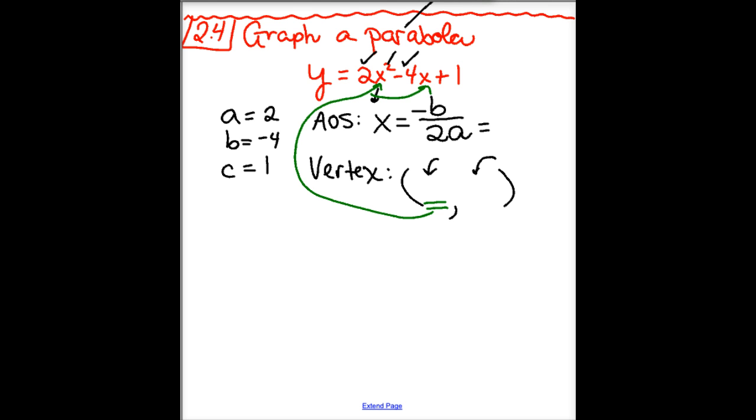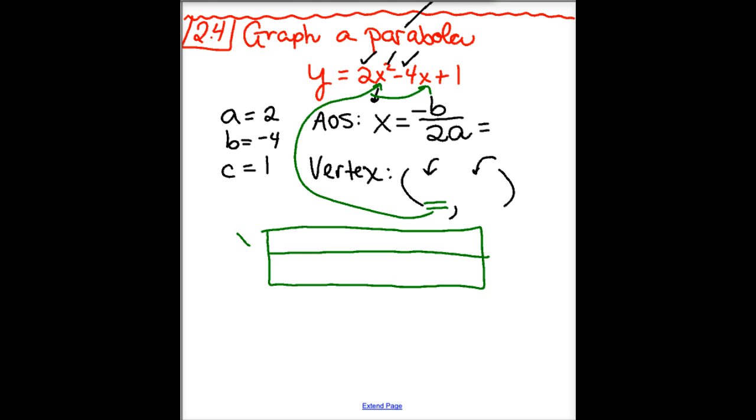Then you will make a table of values, x's and y's. In the middle of your table, you're going to put your vertex. Then you're going to select the next two numbers to the right of that vertex.